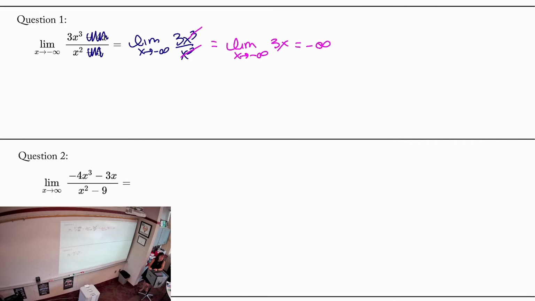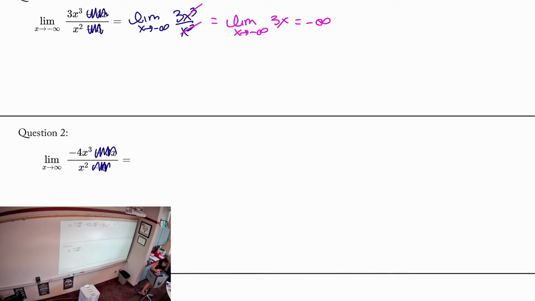So the numerator, if it's to a greater power than the denominator, will it always be either positive or negative infinity. But I'm going to trick you. Look at this guy. The next one. Limit as x approaches positive infinity, negative 4x cubed over x squared. So I am left with negative 4x.